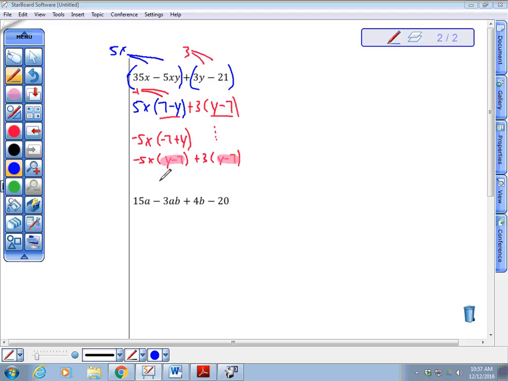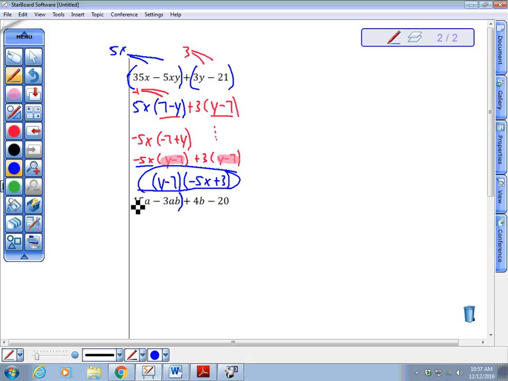So I'll take out a y minus 7 out of both of them, and what remains is a minus 5x and a plus 3. Now of course, if I would have taken out the minus out of the second half, it would have made a minus 3 here, and then we would have had a 7 minus y. So it's quite possible to get the same answer, just written a slightly different way.